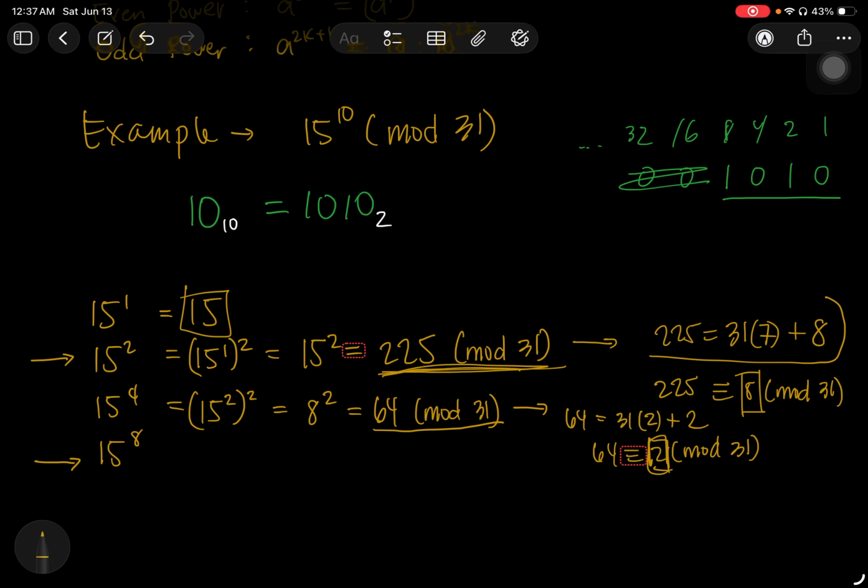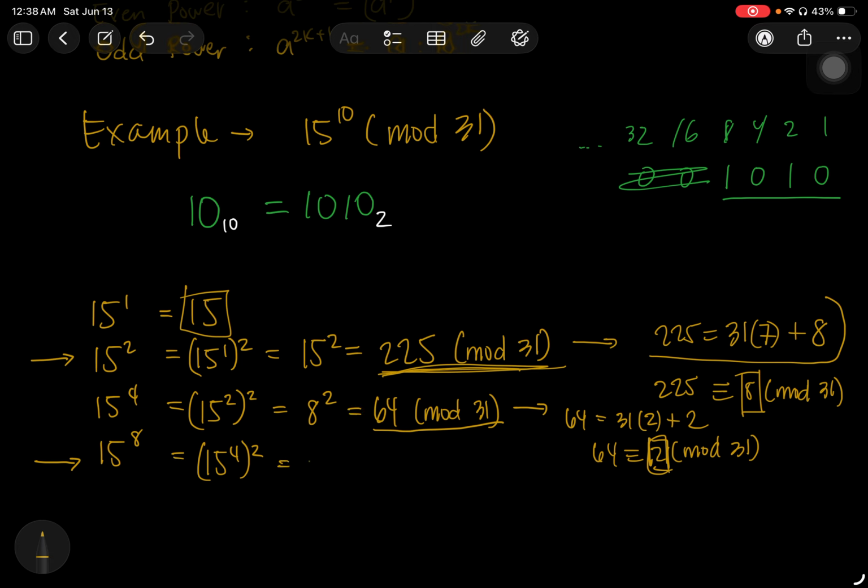Now we can proceed to 15 raised to 8. So for 15 raised to 8, we can write this as 15 raised to 4, and its quantity is raised to 2. Since 15 raised to 4 was the previous equation, we can get our result to that, which is 2.